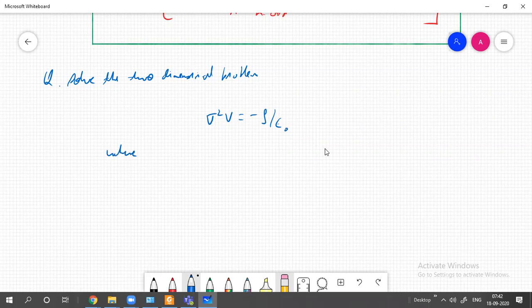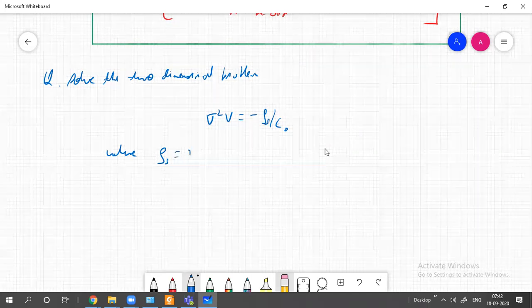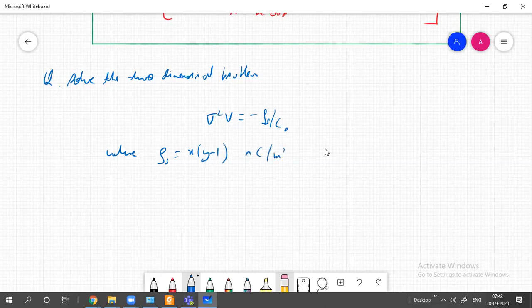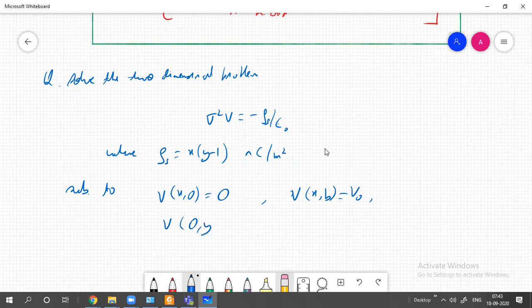Till now we have seen the Laplace equation, but in the Poisson's equation rho s depends on the space coordinates, that is x minus x into y minus 1 nanocoulomb per meter square, subject to the conditions V of x, 0 equals 0, V of x, b equals V naught, V of 0, y equals 0, V of a, y equals 0.